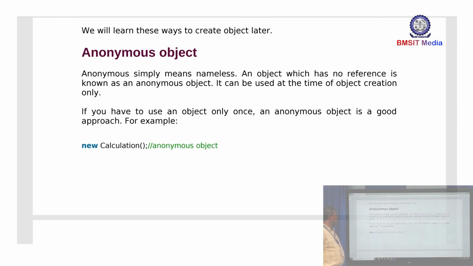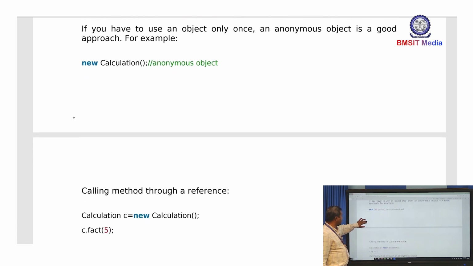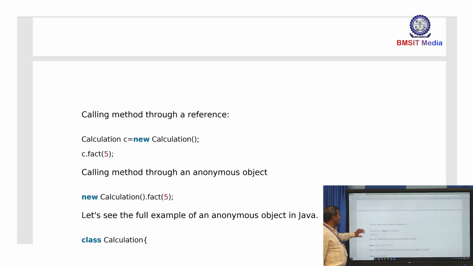For example, new Calculation is a small example of an anonymous object, where we are just using the keyword new and Calculation. Nowhere are we assigning the reference of the created object to any variable. How do we call a method through a reference?